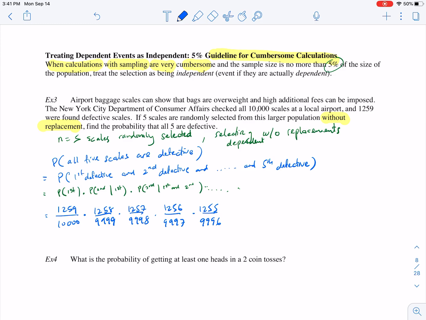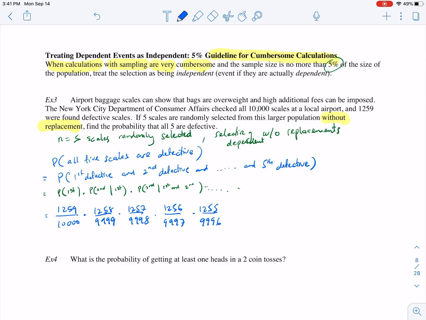If we were to do this, the calculator is just a pain to use here, but let's just go ahead and do it. 1259 times 1258 times 1257 times 1256 times 1255, and I'm going to go ahead and store this answer to A. Then we're going to divide that by 10,000 times 9999 times 9998 times 9997 times 9996.